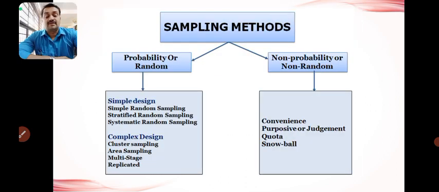Here are some sampling methods we can apply for drawing a sample from the population. One is probability or random sampling, and the other is non-probability or non-random methods. Under the probability methods, there are two designs, simple and complex.